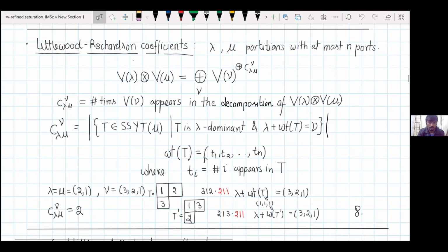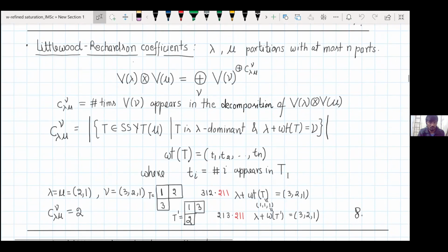The weight of a tableau is the composition T1, T2, ..., Tn, where Ti is the number of times i appears in T. For example, if lambda and mu are both the partition 2 1 and nu is 3 2 1, then the coefficient is 2, and here are the two corresponding lambda dominant tableaux.